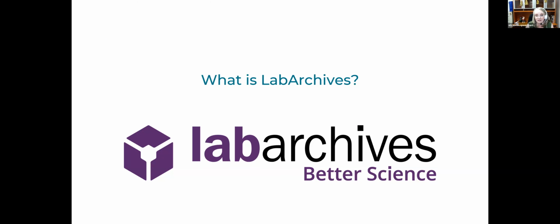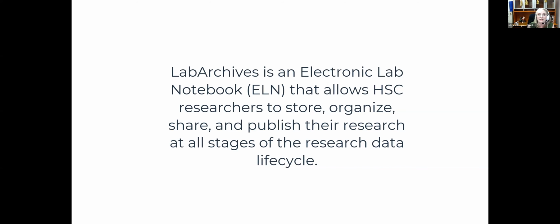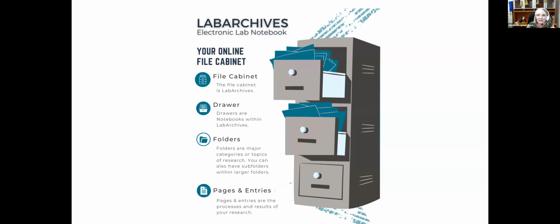So what is Lab Archives? Well, hopefully everybody that's here knows a little bit about what Lab Archives is, but it is an electronic lab notebook that allows HSC researchers to store, organize, share, and publish, and I use that term loosely, their research at all stages of the research data lifecycle. So from start to finish, everything can live inside Lab Archives. Think about it, as Dr. Gregory said, as an online file cabinet.